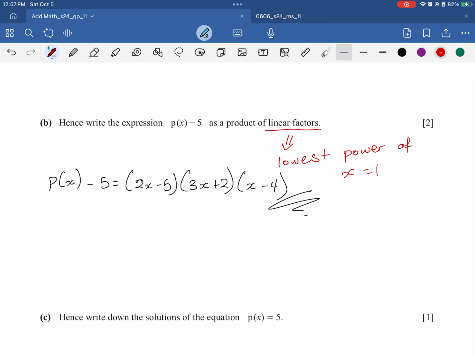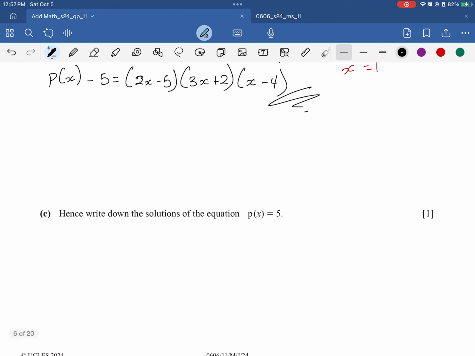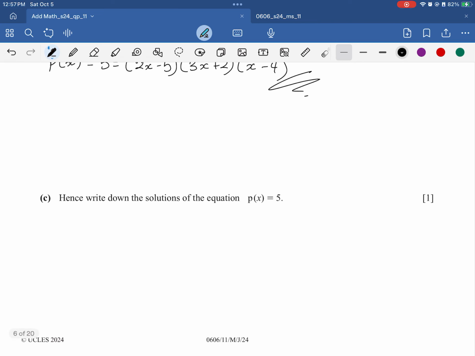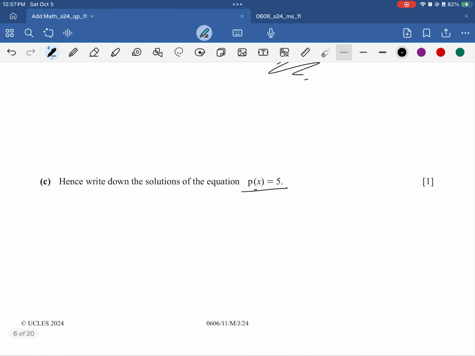All right, last question. It says, write down the solutions of the equation px equals 5. Now, when is px equal to 5? If you rearrange this, px equals 5, or you can say px minus 5 equals 0. So what they want you to do here is to write the solutions to this.